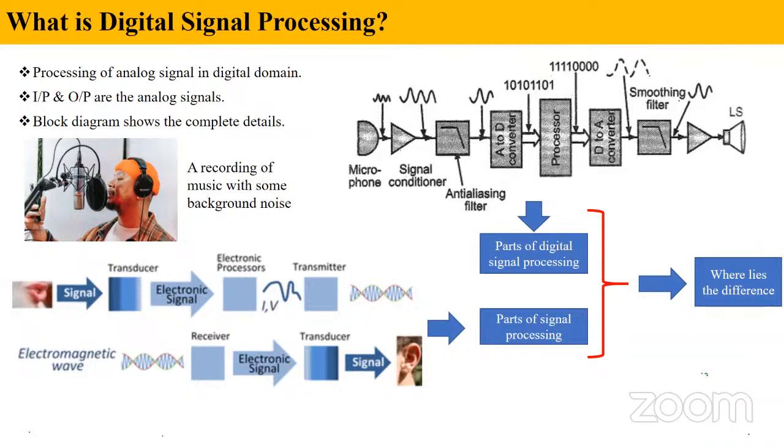You know, the transducer is a device which converts any kind of physical signal into the electrical or electronic form. After that, this electronic signal can be processed through the electronic processor. There should be a transmitter, and after that we get the waveform.